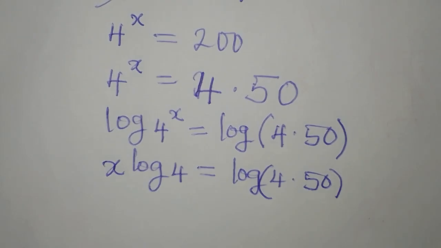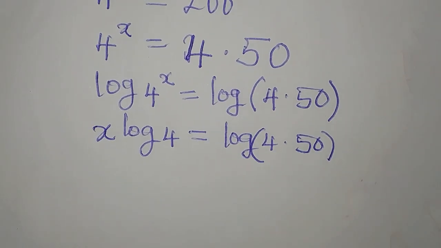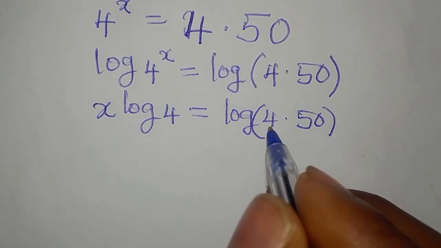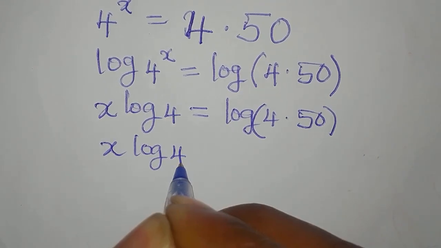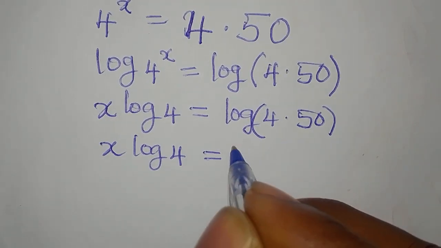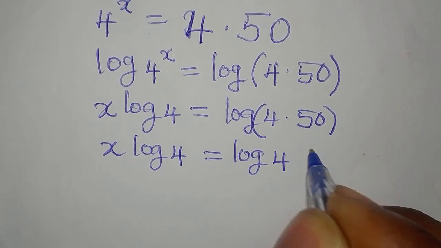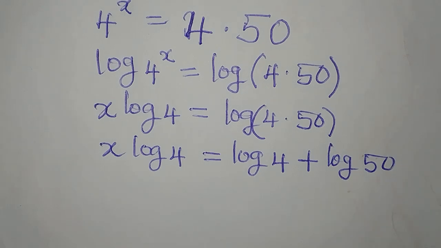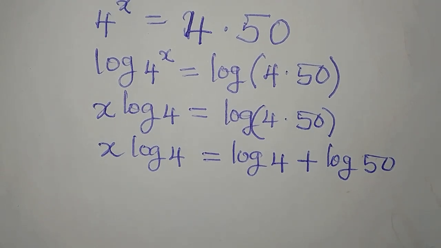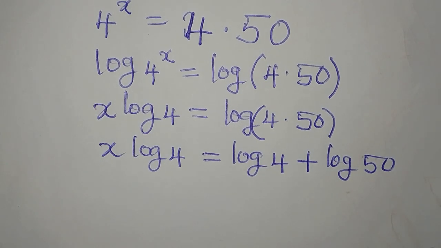And now we need to apply another law again. Because we are multiplying 4 and 50, we can apply a law there, and then it will give us log 4 plus log 50. Okay, now we are looking for the value of x.